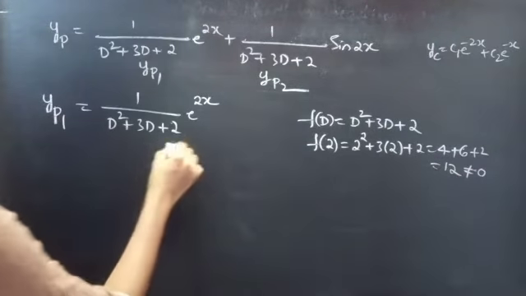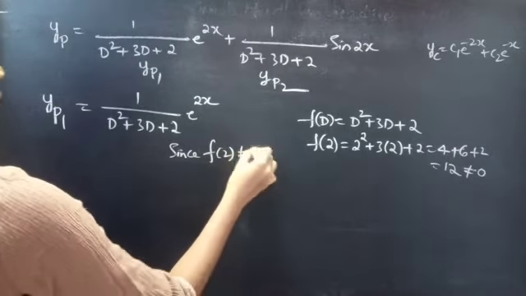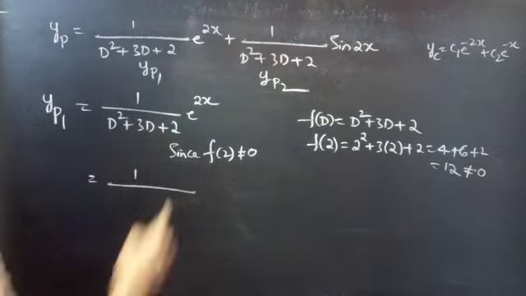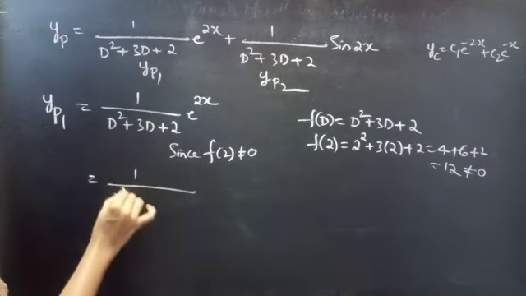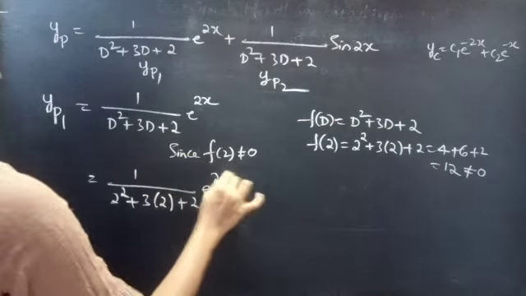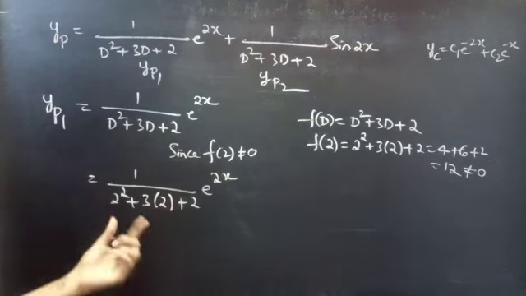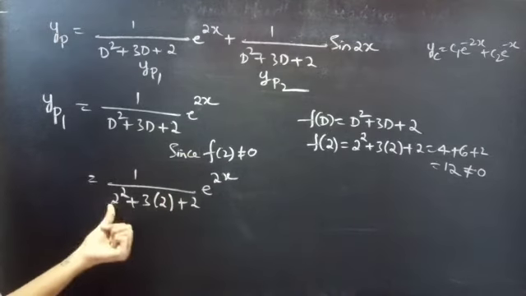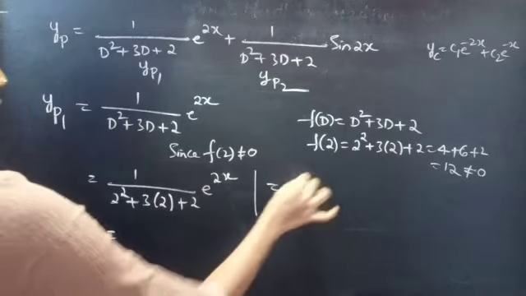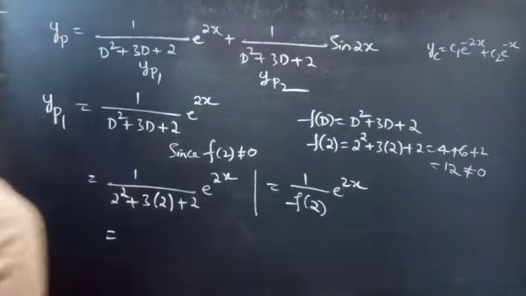Since f of 2 is not equal to 0, we can replace D by 2. We already know that f of 2 is non-zero, so we replace D by 2, or we can just write 1 by f of 2 into e power 2x.